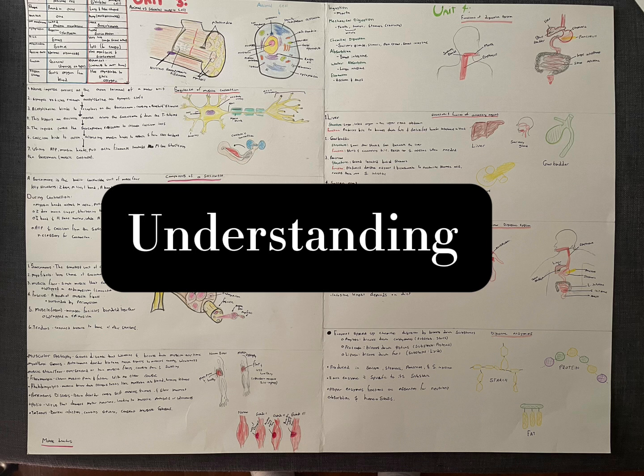What changed my understanding was studying the wall of the alimentary canal, learning that the digestive tract has 4 different layers: the mucosa, submucosa, muscularis, and serosa, each with unique types and functions. This helped me appreciate the complexity of how digestion and absorption happen physically and chemically.